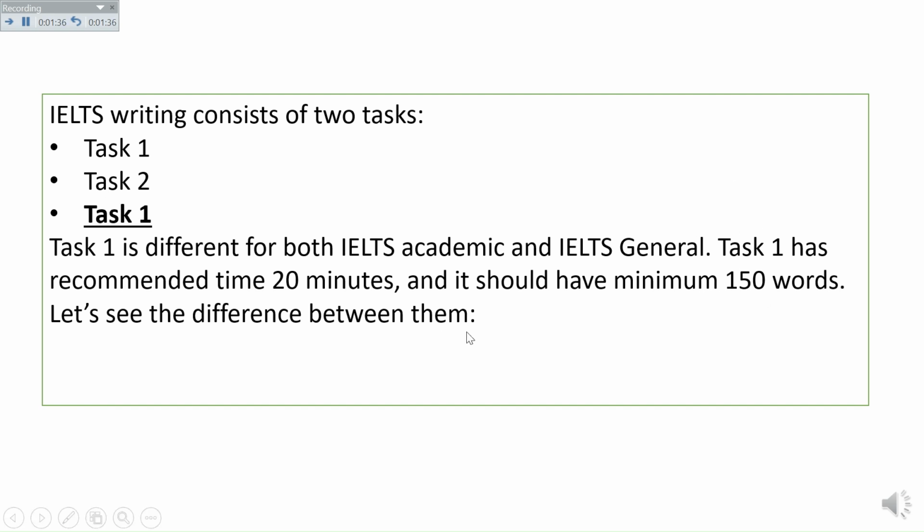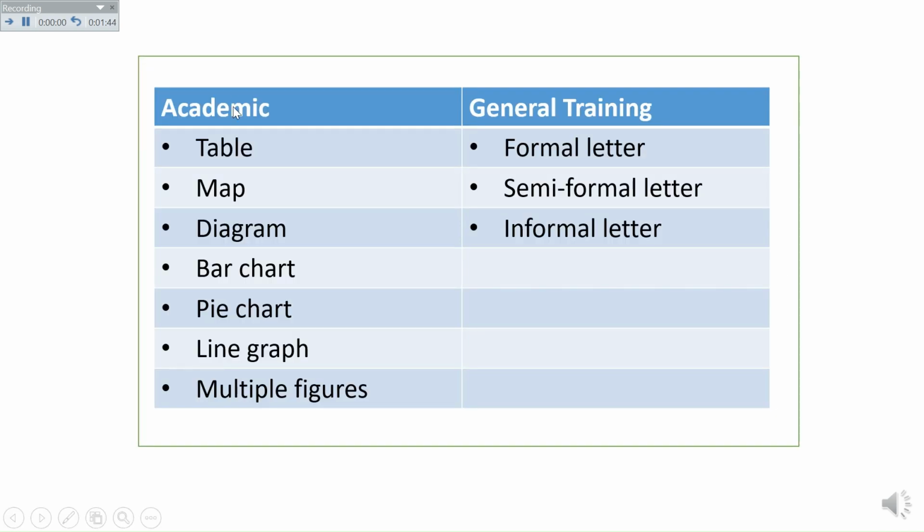So let's see what's the difference between both IELTS writing task one. In IELTS academic, we can have either a table, map, diagram, bar chart, pie chart, line graph, or multiple figures. Multiple figures could be a table with a bar chart, or a table with a line graph.